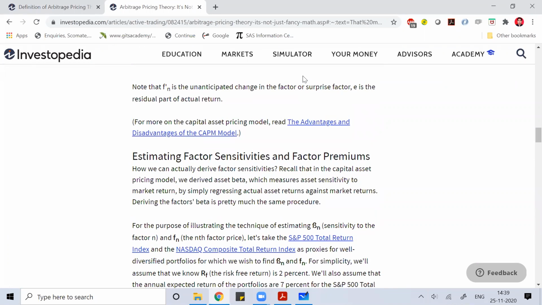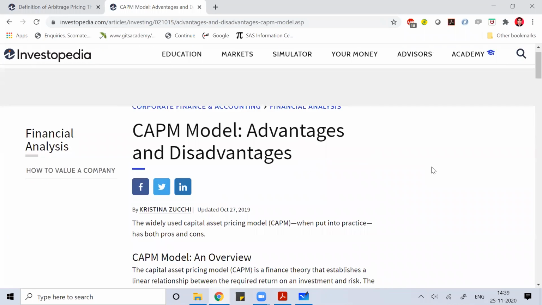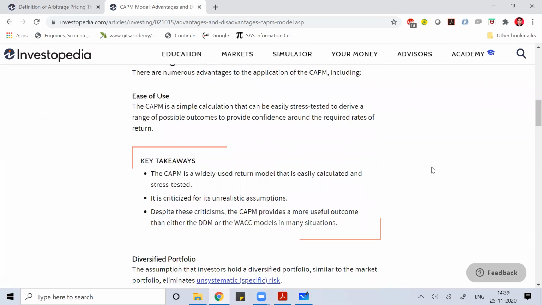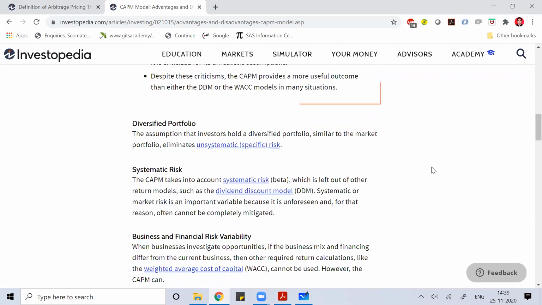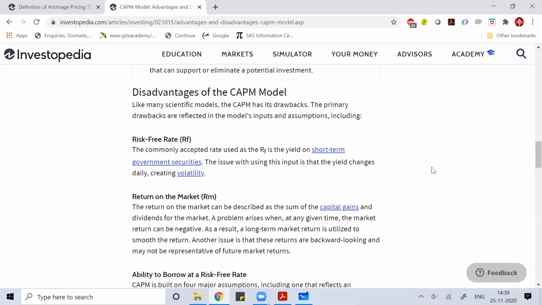When we talk about the CAPM model, it has its own advantages and its own disadvantages. The CAPM model looks easy. It looks more defined. It looks easier to calculate.